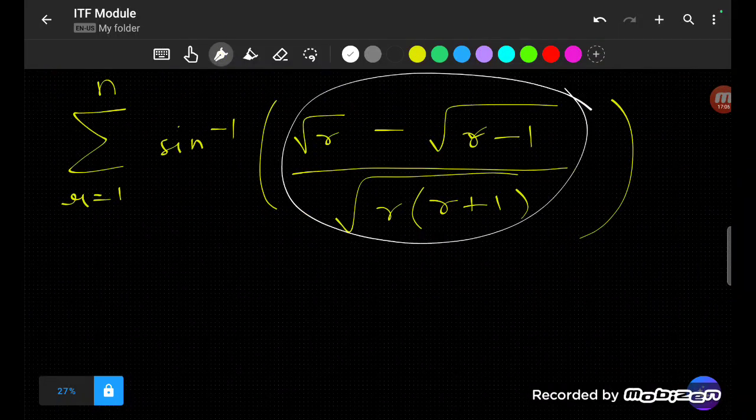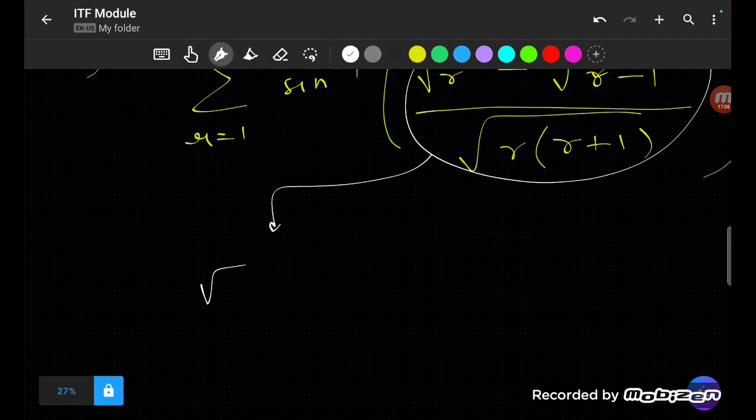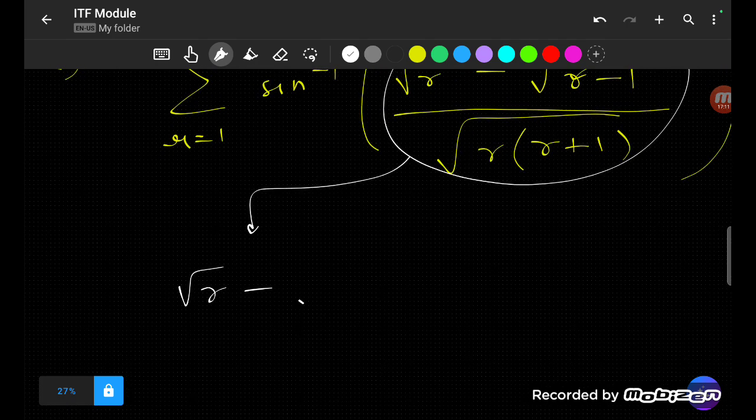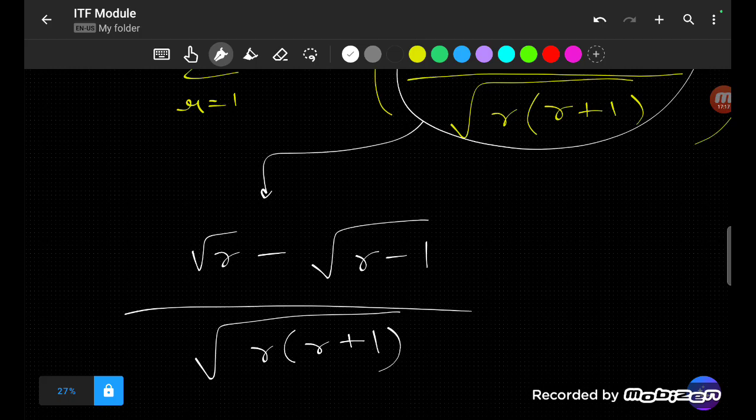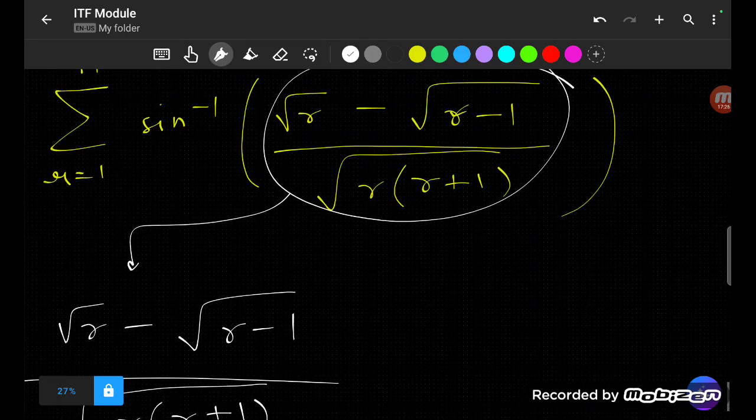Let's take a look at this here. What we can understand of this is that this is clearly the sum and difference of two terms. I mean, you do not need anyone to tell you.